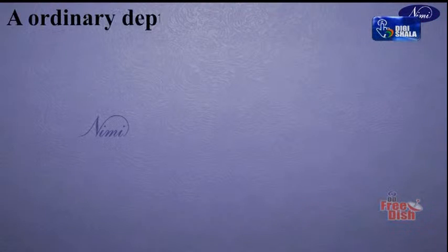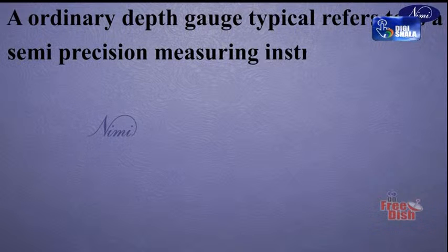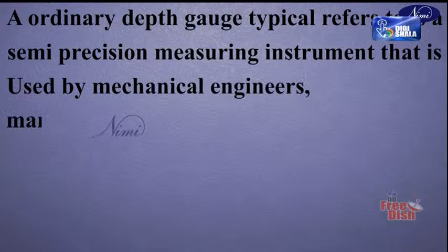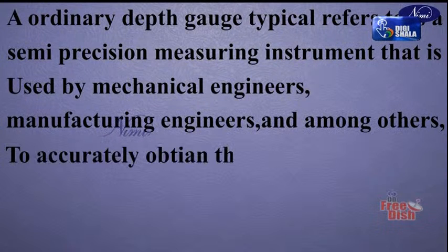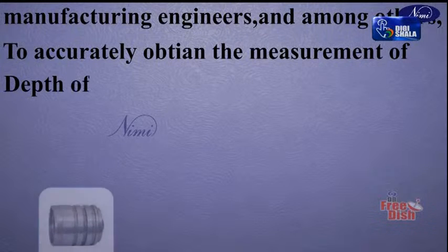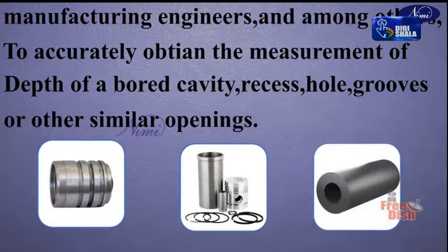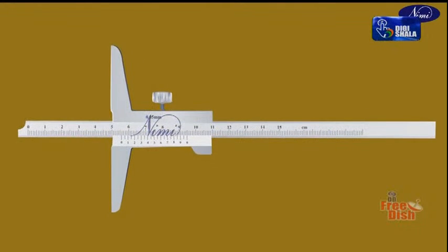An ordinary depth gauge typically refers to a semi-precision measuring instrument that is used by mechanical engineers, manufacturing engineers, and others to accurately obtain the measurement of depth of bored cavities, recesses, holes, grooves or other similar openings. Depth gauge is used to measure the job with an accuracy of 0.5 mm, that is steel rule accuracy.